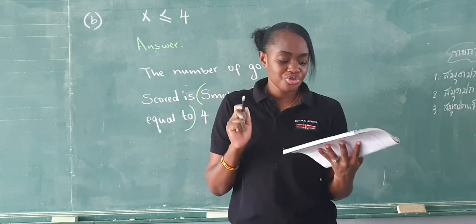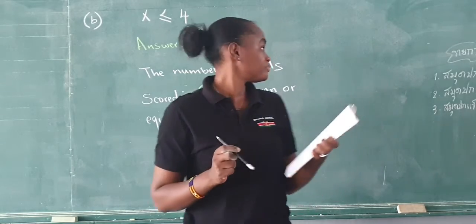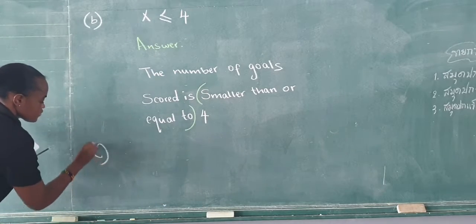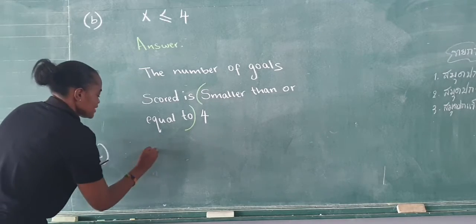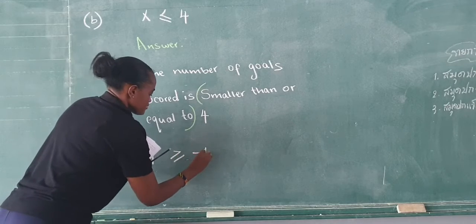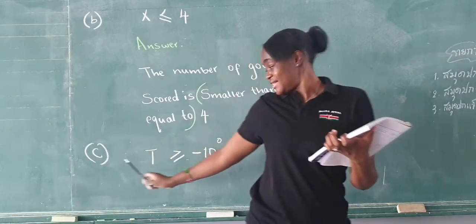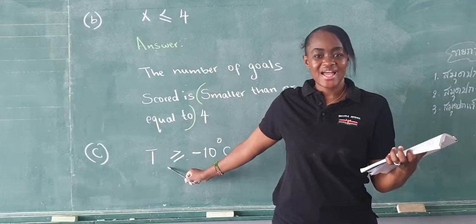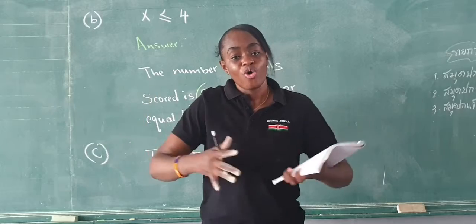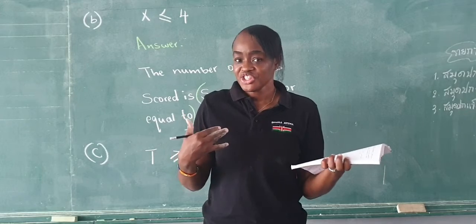So now I want you to try and do part C. Look at part C. Given T, what is this sign? Is it greater than? Is it smaller than? Is it greater than or equal to? Or is it smaller than or equal to? Teacher, I don't know.